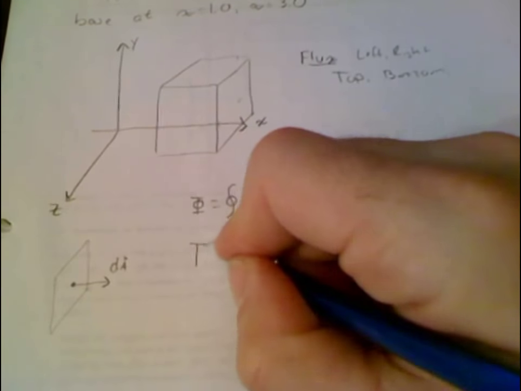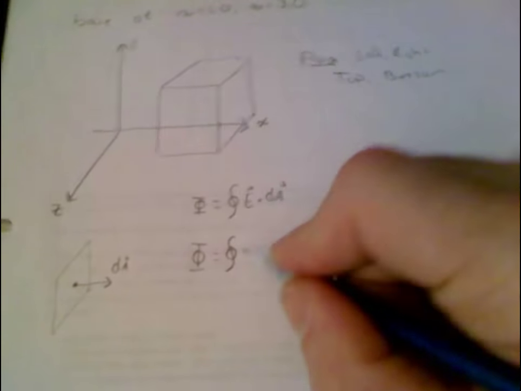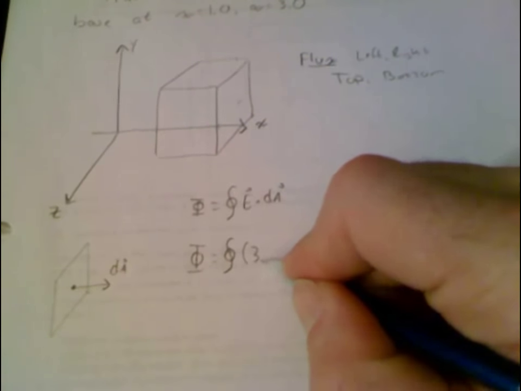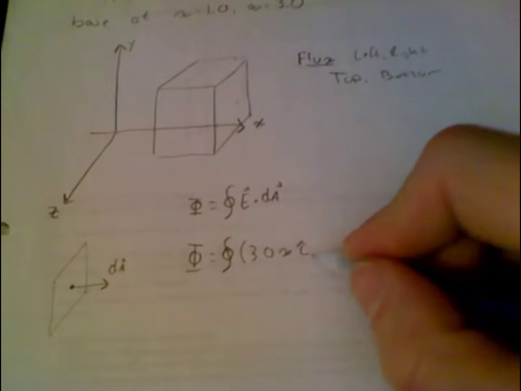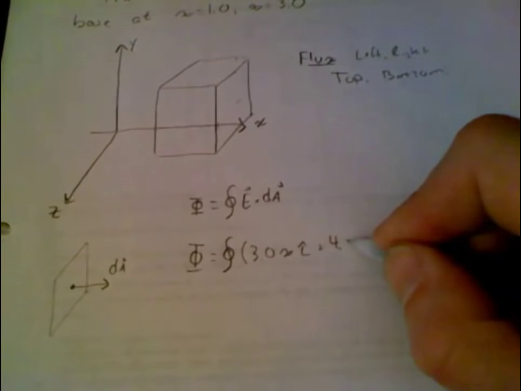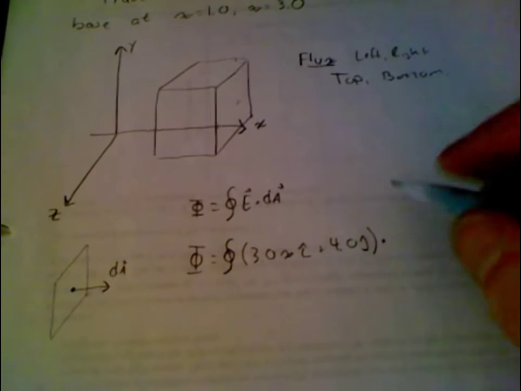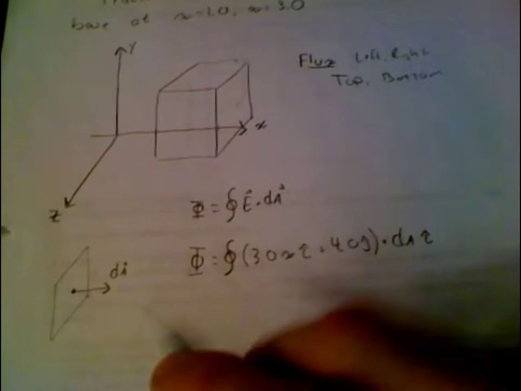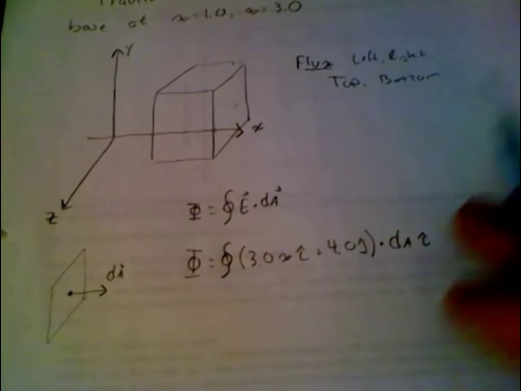So my flux is equal to 3.0 x in the i hat plus 4.0 j hat, dotted with dA in the i hat direction, because in my picture it's going in that i direction.